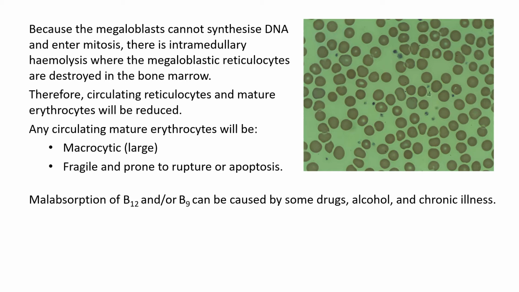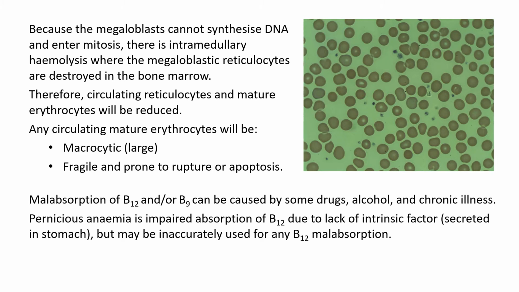And malabsorption, as we said, can be due to some drugs, to alcohol, or to chronic illness, in the case of B12 and B9 as well. When we talk about pernicious anemia, a lot of people talk about it in terms of overall megaloblastic anemias.